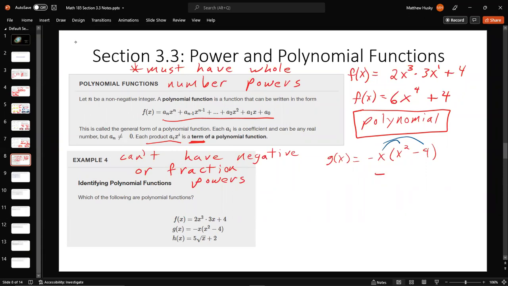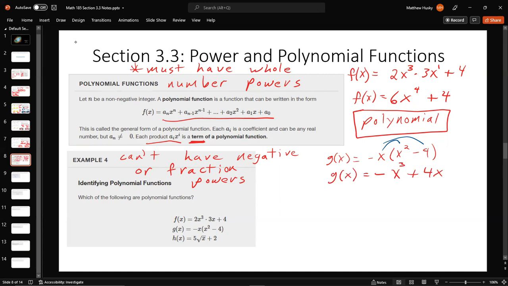This is 1x. There's 2 more. That'll be a grand total of 3 of them. X times x squared means you've got x times x, which is x squared. So altogether, there would be 3 of them. Negative times negative is positive, and that'll be 4x right there.